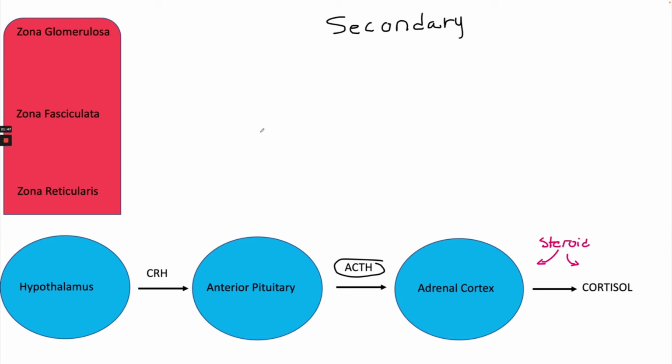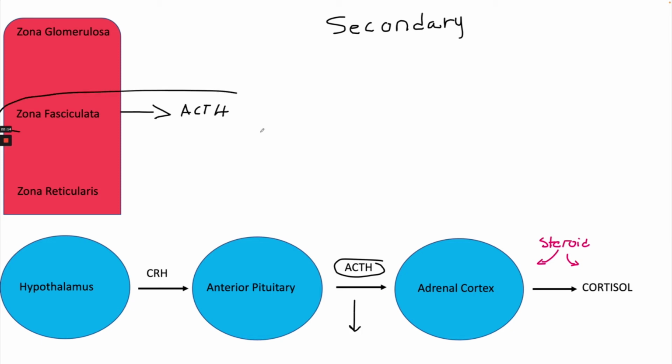This is us tricking the body by raising our cortisol levels, therefore decreasing our ACTH. But remember, aldosterone does not care about the ACTH as much. So our hyperkalemia, hyponatremia, and our pH issues, we're not going to see as much in our secondary causes, people taking chronic steroids. There are definitely effects, but I want you guys to understand the primary and secondary.